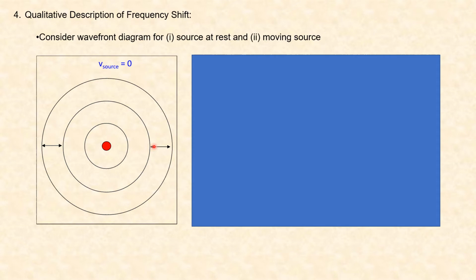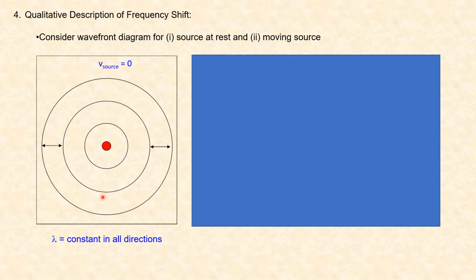Remember we said that the distance between any two wave fronts is a measure of the wavelength of the wave. And regardless of where the observer is, wherever you measure the distance between two wave fronts, whether on this side or over here, that distance, in other words the wavelength, always has the same value when the source is at rest.